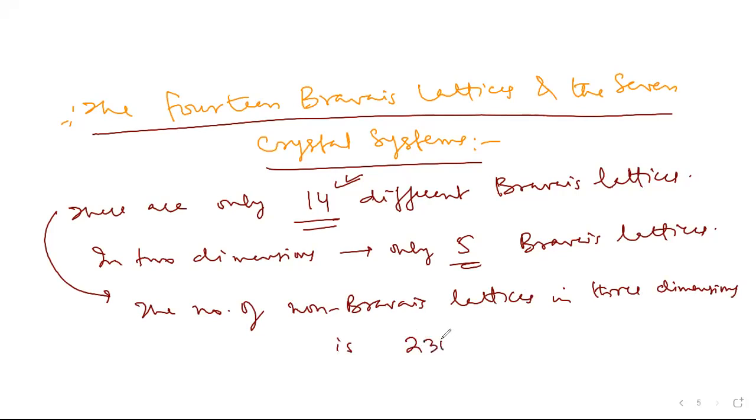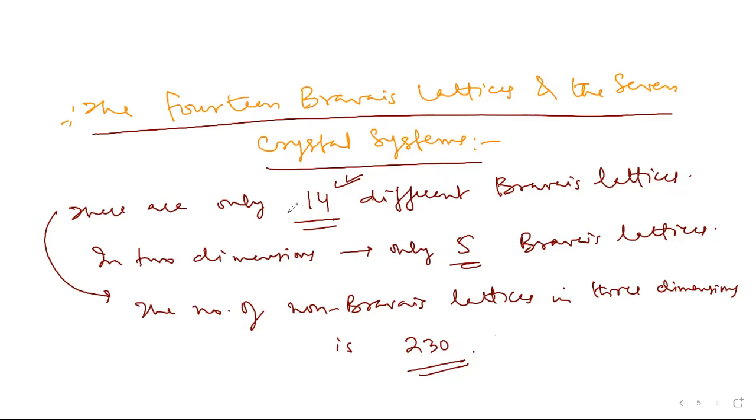It is 230. The number of Bravais lattices in 3 dimensions is 14. The number of non-Bravais lattices in 3 dimensions is 230, right?